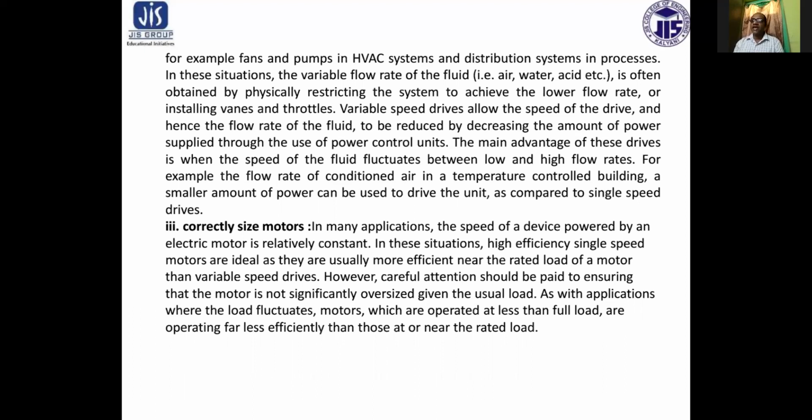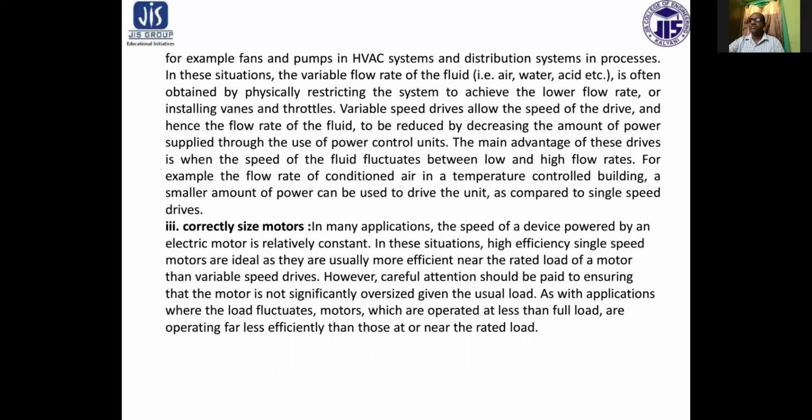The main advantage of this drive is when the flow rate of the fluid fluctuates between low and high. For example, at low flow rates of conditioned air in a temperature controlled building, a smaller amount of power can be used to drive the units as compared to single speed drives.